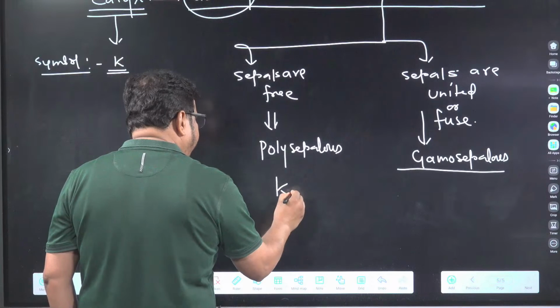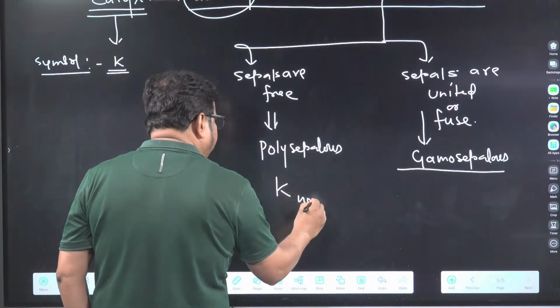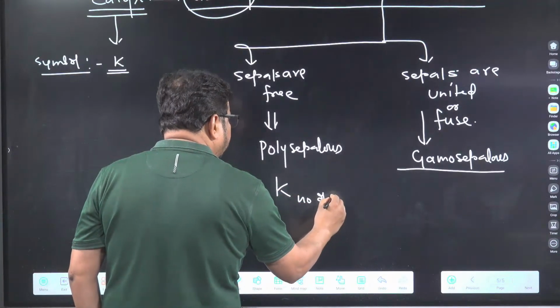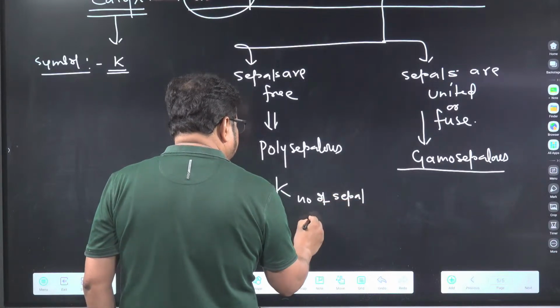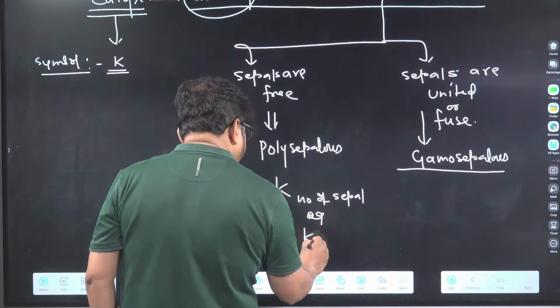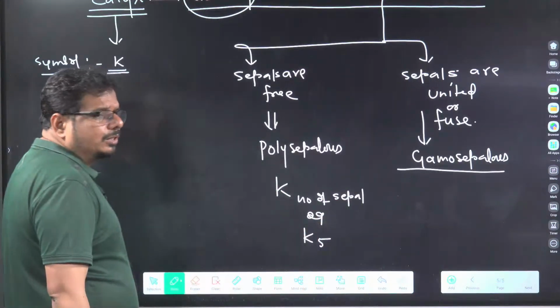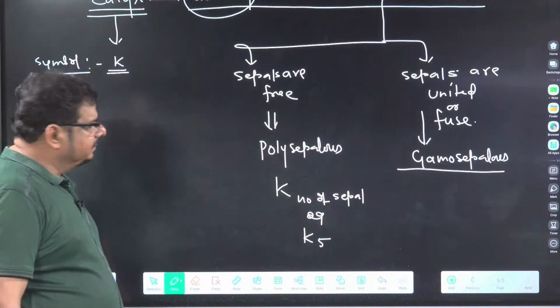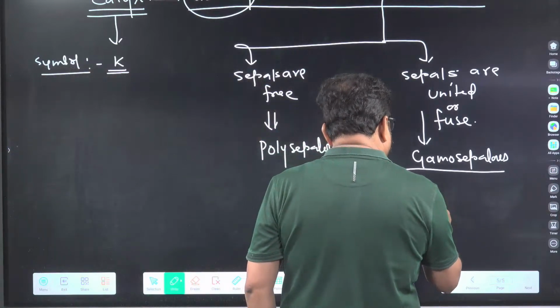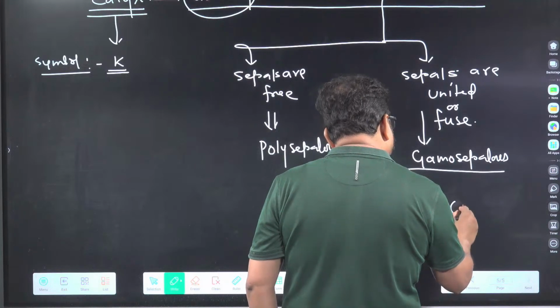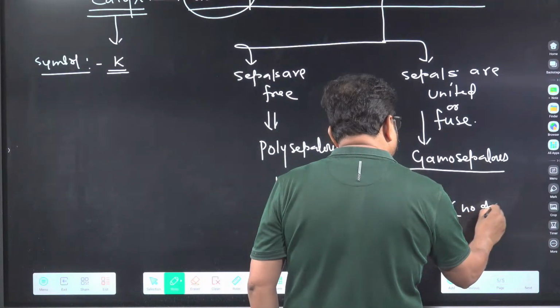The symbol is K, and below the K, the number of sepals. As an example, I am writing K5. It means 5 free sepals. Got the idea? Now gamosepalous: I am writing K, and under the bracket I am writing the number of sepals.